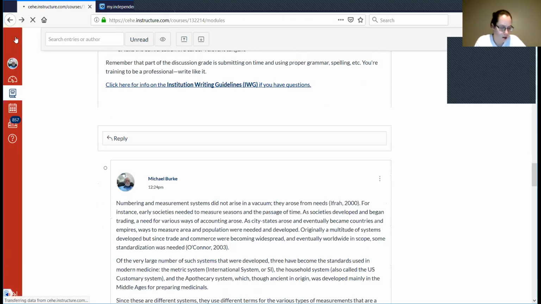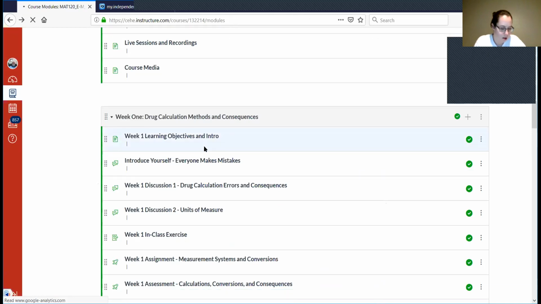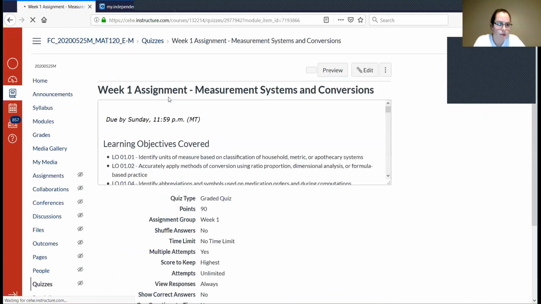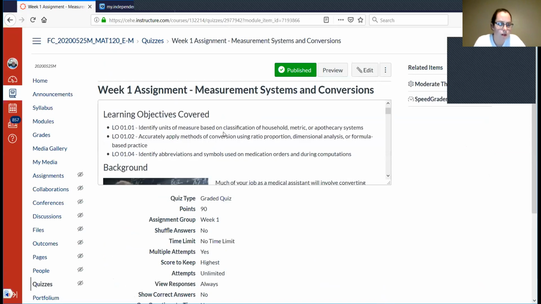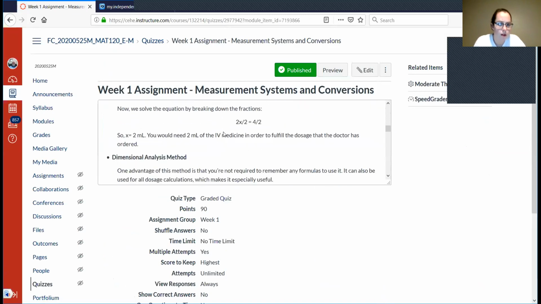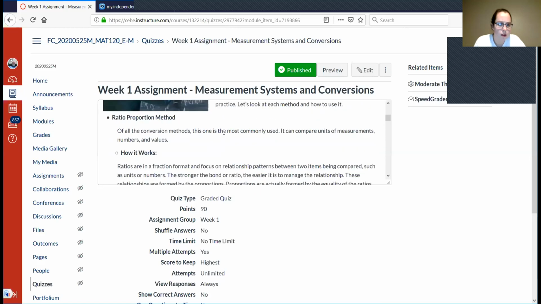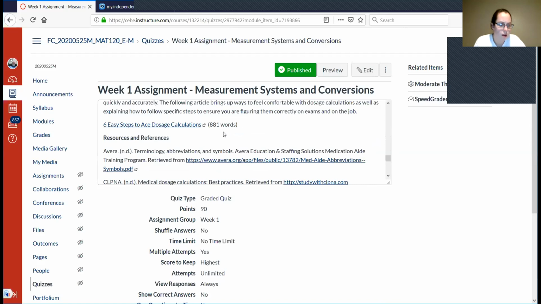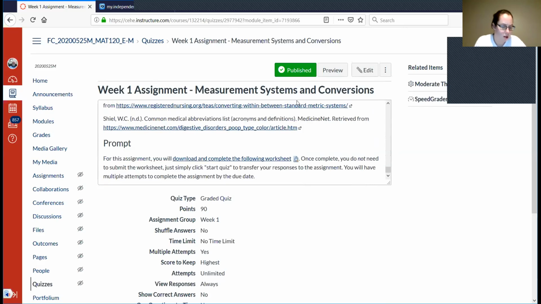Let's switch over now and take a look at the assignment. If you pull up the assignment, there's a lot of information in here that's worth looking at. We will get to that information through a slightly different route.